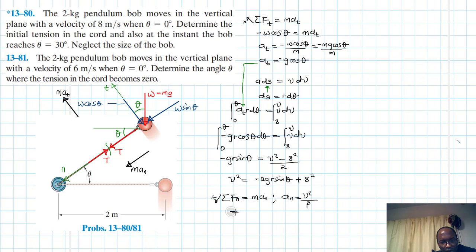So we do have T plus W sine theta equal to m v squared divided by rho. All right, so there we go.